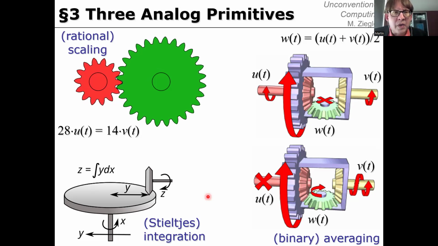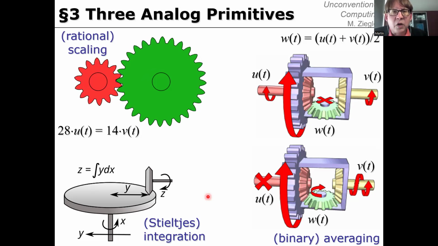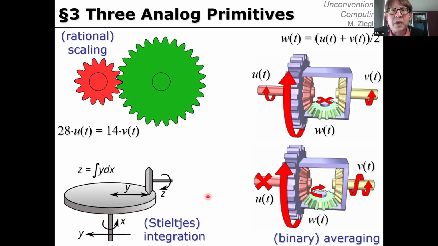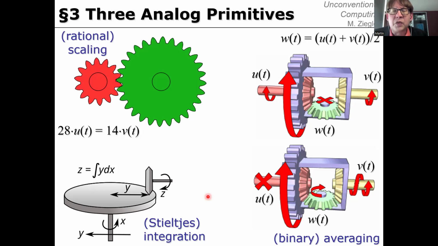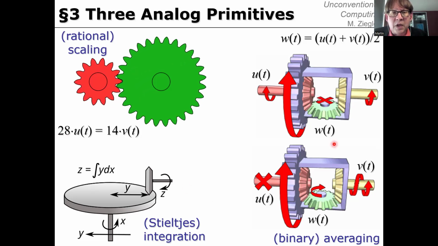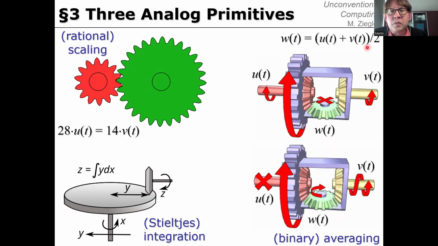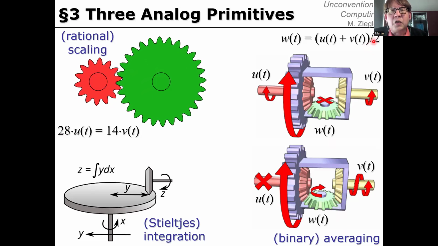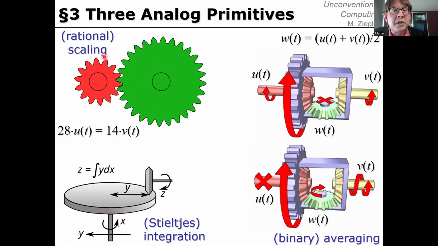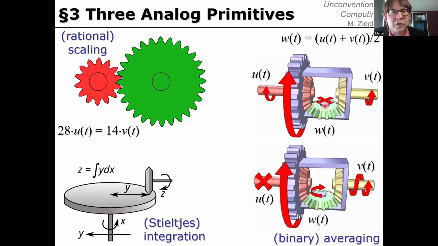And we'll return to that, but that's already all that is needed to build the Vannevar Bush differential analyzer. Only these three primitives: scaling, addition or averaging, right? We can convert averaging into addition by multiplying it by 2 using a gear scaling, this factor of 2.